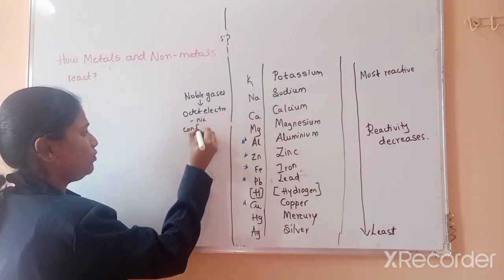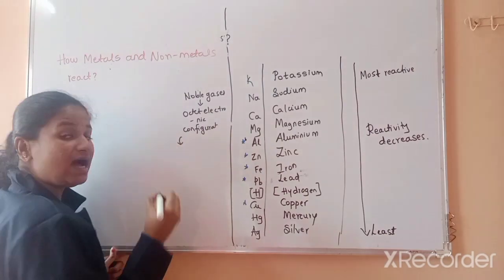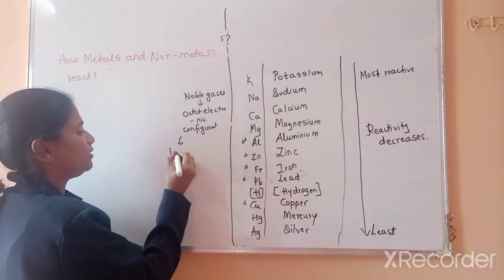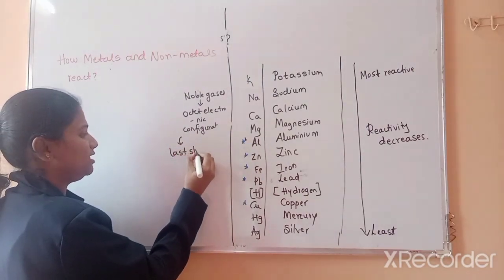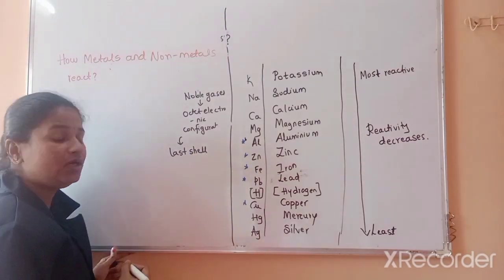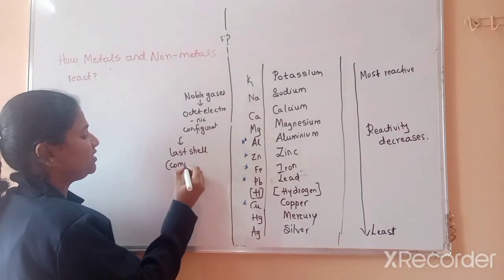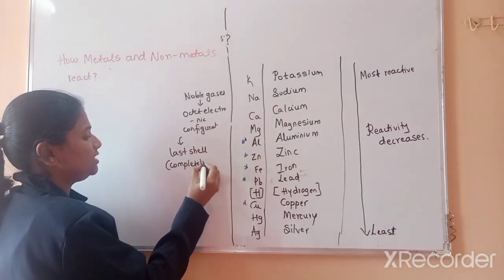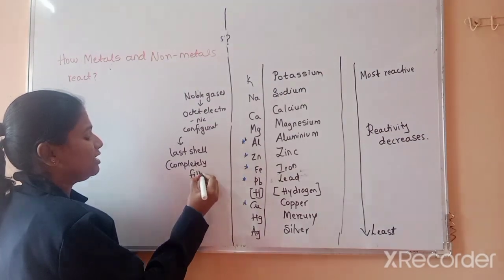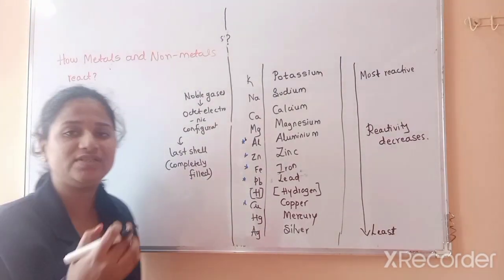What is octet electronic configuration? The last shell of an atom, whichever of K, L, M, N is the last shell, should be completely filled with electrons.